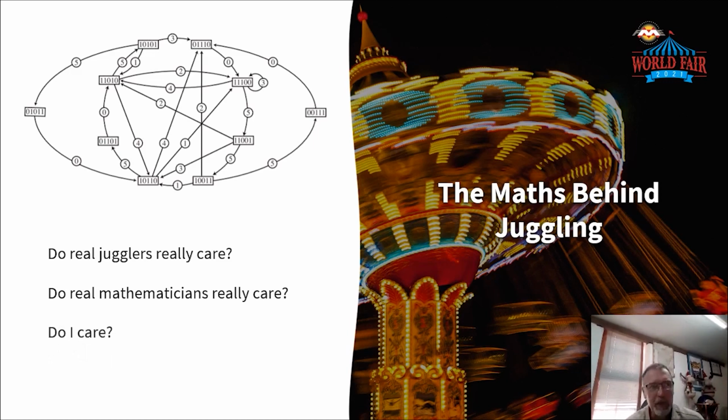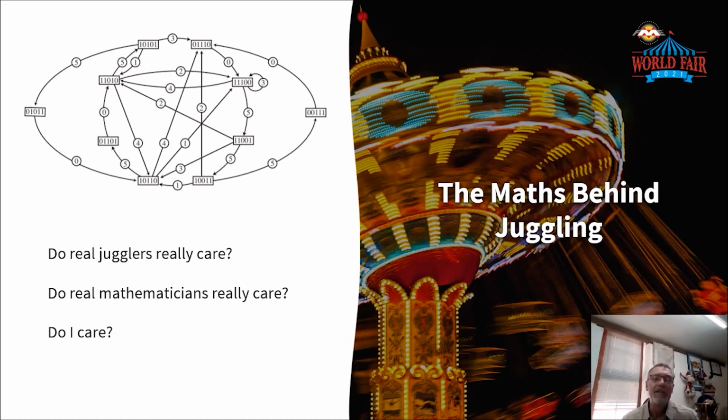Do I care about the maths? Well, to be honest, probably not really. But for this, the thing I do care about is that spatial relationship. And the more you look at juggling, the more you look at spatial data. It's amazing, that correlation. And that's my passion, is in GIS and spatial location.